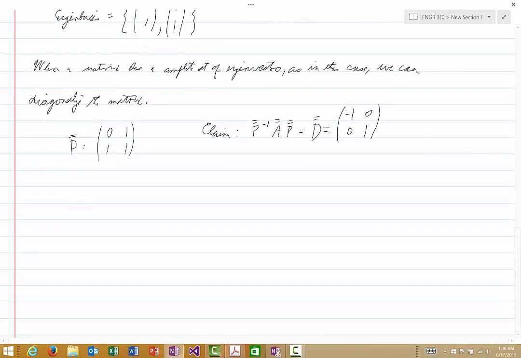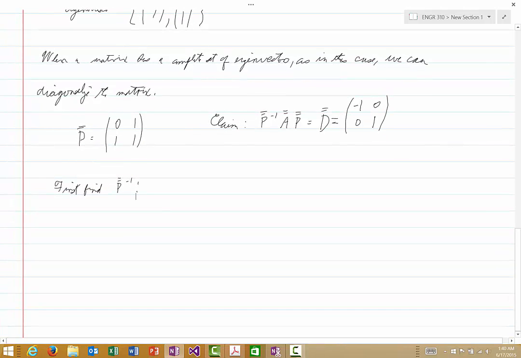So let's check that and see if it's true. In order to check that, we first need to find P inverse. And we use the Gauss-Jordan method as we had before. So 0, 1, 1, 1, 1, 0, 0, 1. I will switch the first row and the second row. So we have 1, 1, 0, 1, 0, 1, 1, 0.